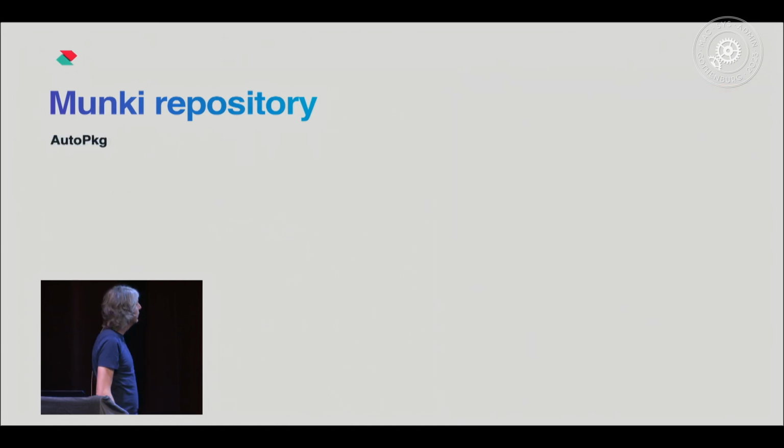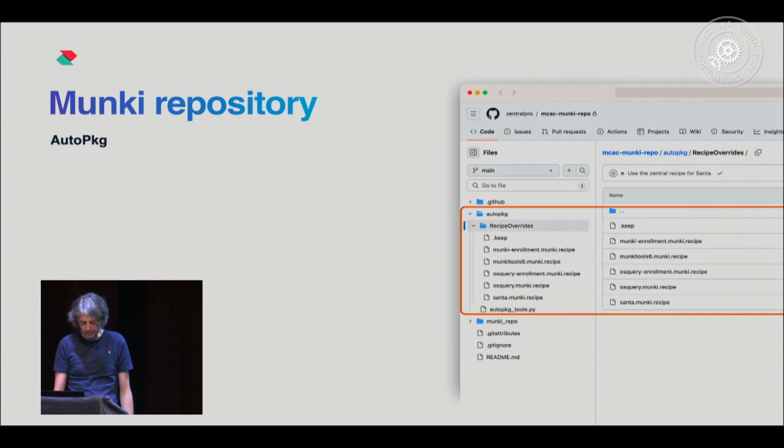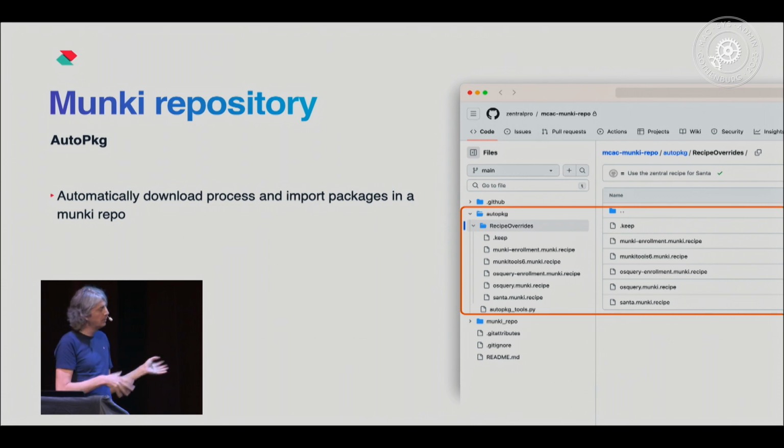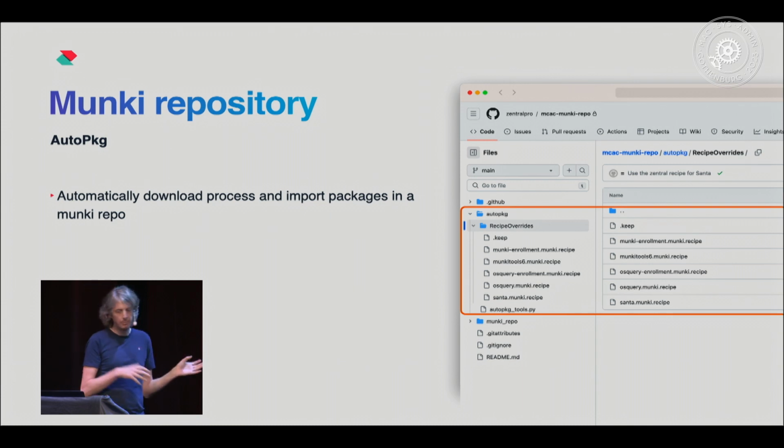So another thing we use, obviously, is AutoPkg. I mean, it's not an AutoPkg talk, but let's quickly go over what it does. It uses recipes to automatically download software, prepare the package, maybe tweak the package a bit, and import them into the Munki repository.